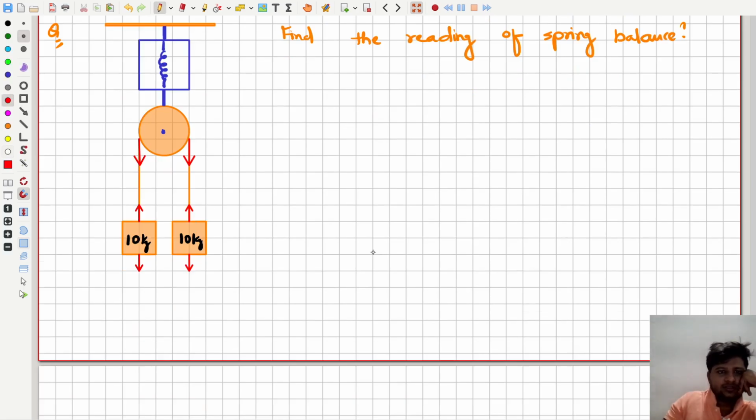If I mark all the things, then this is 10g, 10g, tension T, tension T, tension T, tension T.